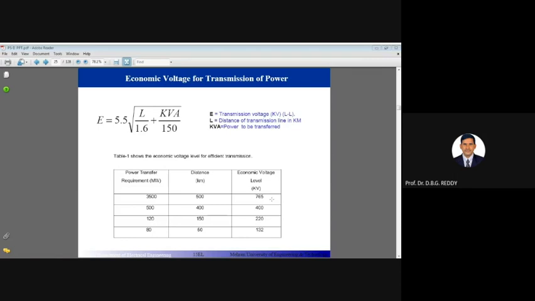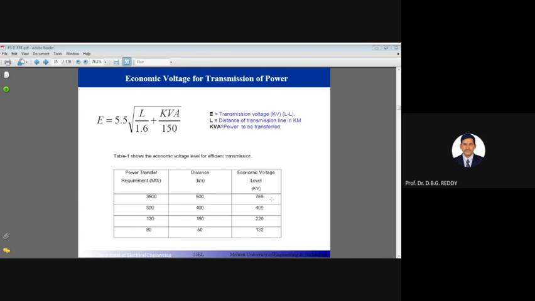Suppose 500 megawatts and 400 kilometers, they will choose 400 kV or 420 kV. For 120 megawatts and only 150 kilometers, they will choose 220 kV. For 80 megawatts and 50 kilometers, 132 kV. Based on the distance and availability of power, we will choose the operating voltage.